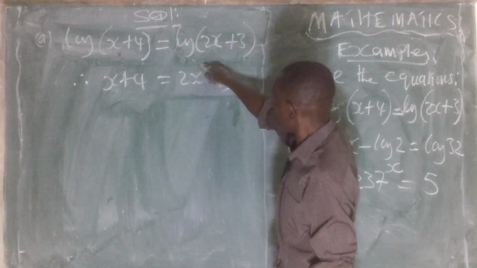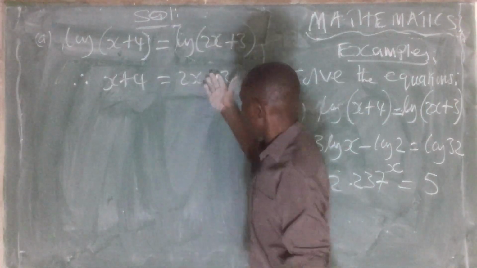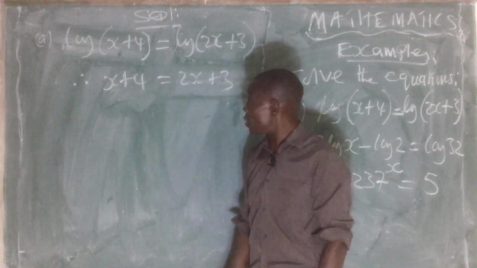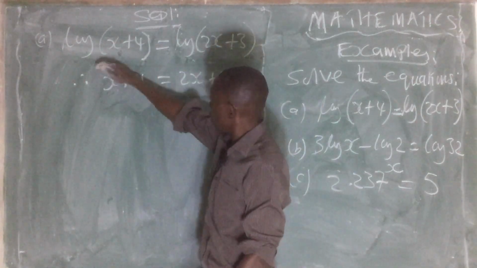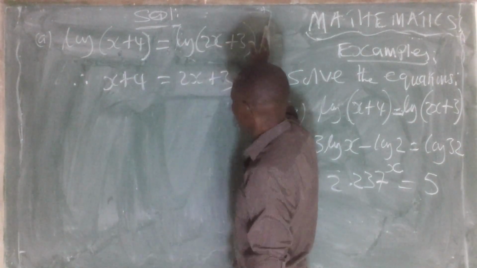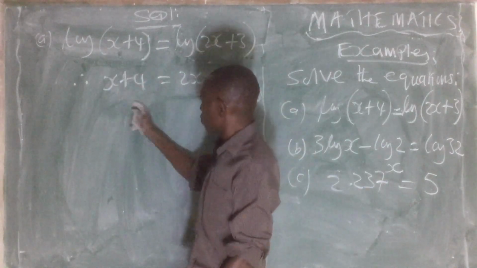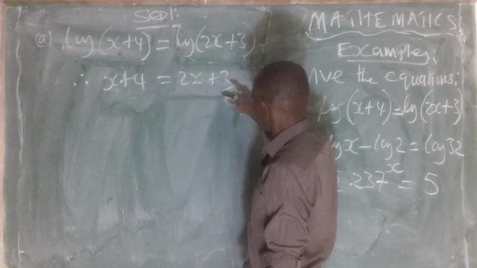If the antilog is not applicable to you, just take it as what I'm trying to explain here. When we're given an equation like this one, the left-hand side should be the same as the right-hand side. So you have the expression x plus 4 on the left-hand side and the expression 2x plus 3 on the right-hand side.